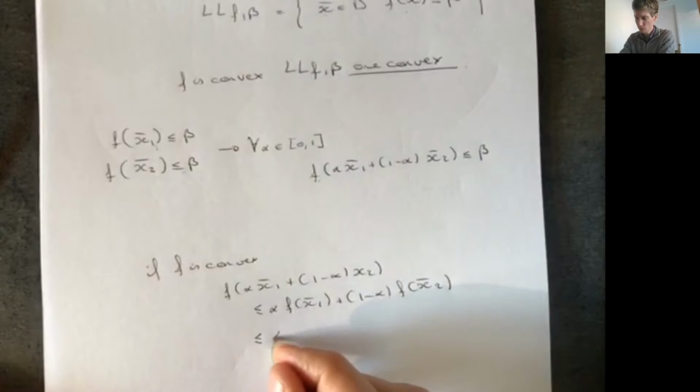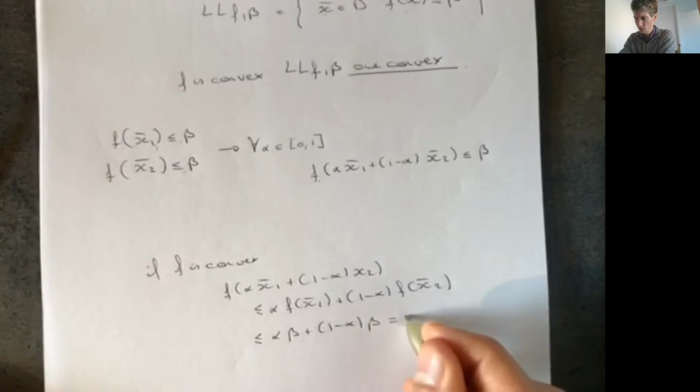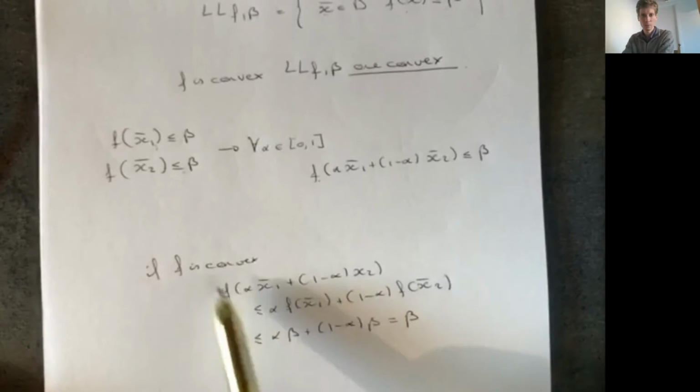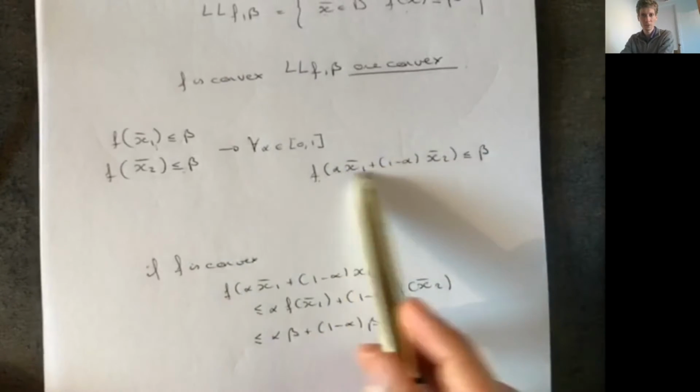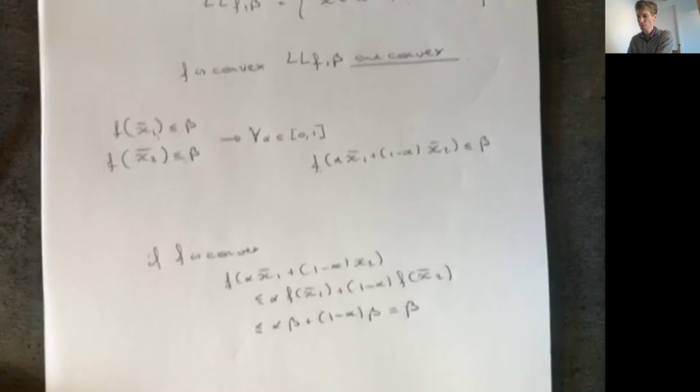So this is lower or equal to alpha beta plus 1 minus alpha beta, which is equal to beta, right? So if f is convex, then this condition here is always satisfied. Okay. However, the reverse is not necessarily the case, right?